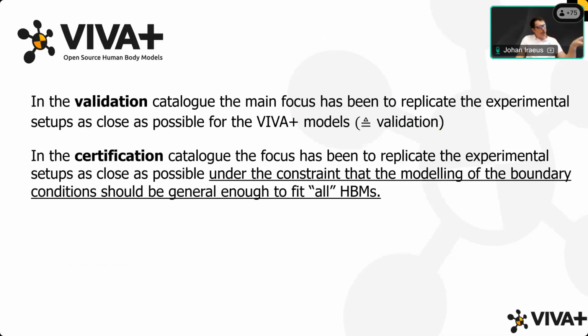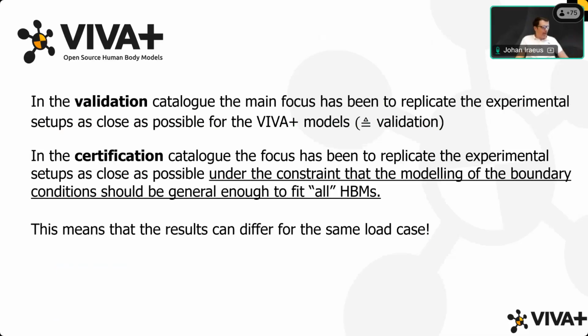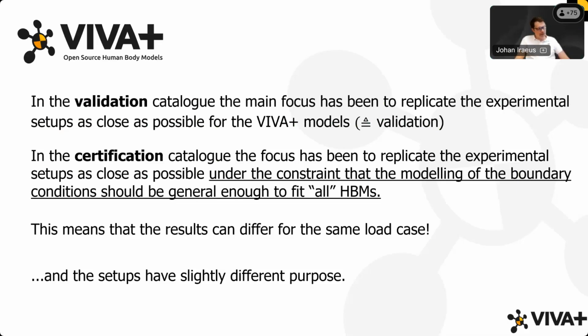But we also have a constraint here that the modeling of the boundary conditions should be general enough to fit all human body models. And that can lead to some compromises. So that also means that the results can differ for the same load case, and the setups have slightly different purposes. So don't be surprised if you check the same load case in the validation catalog and in the certification catalog, and you see different results.